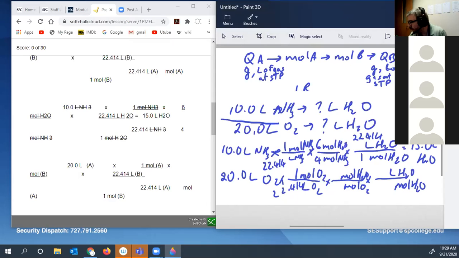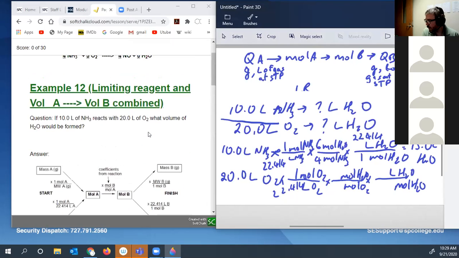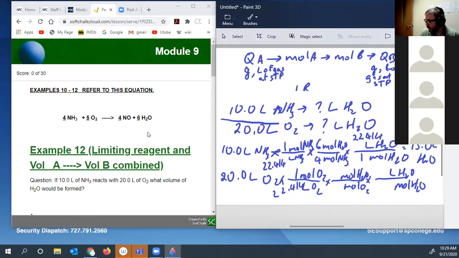The relationship between the two is 5 moles of O2 and 6 moles of water, 22.414 liters of H2O, 1 mole.